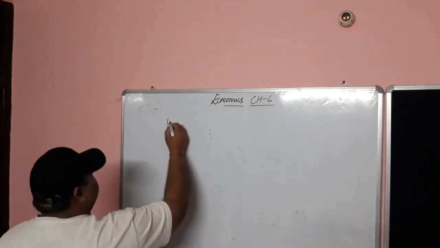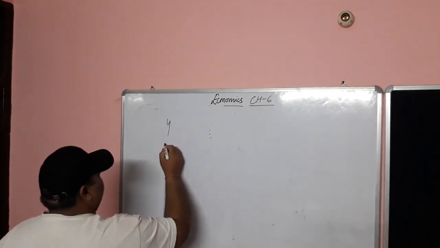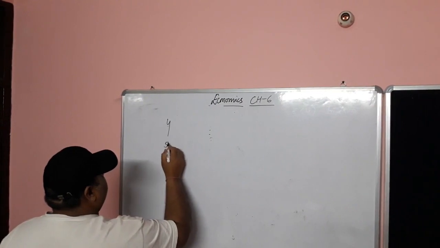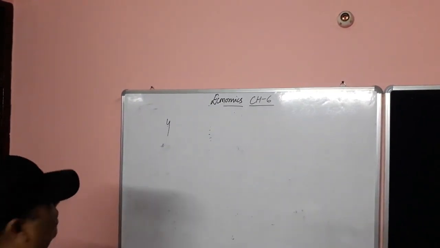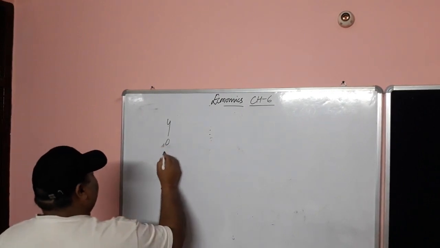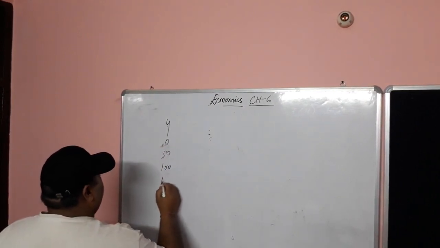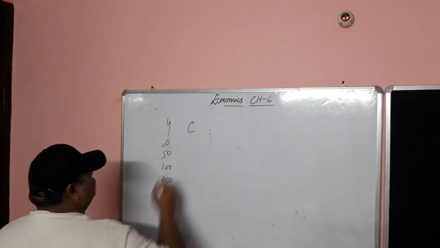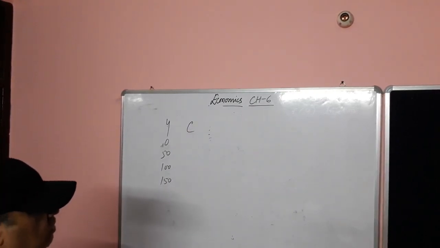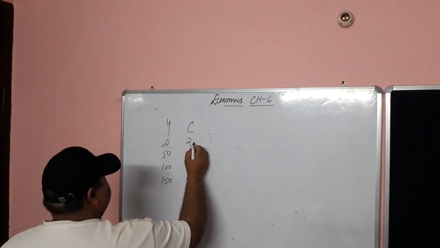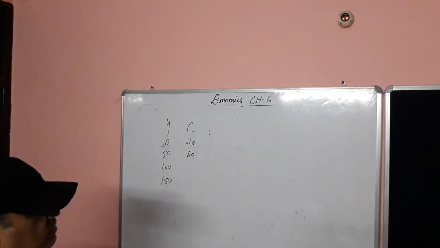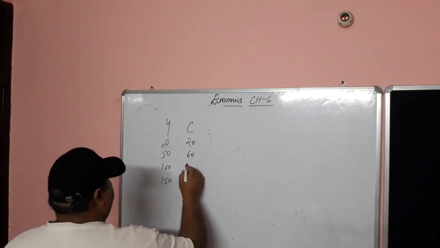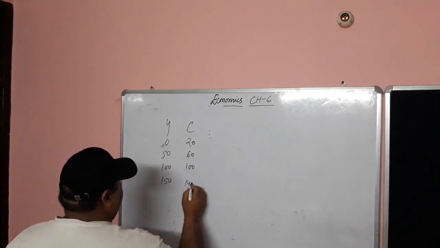Your income is given as 0, 50, 100 and 150. So how much is your consumption? When your income is 0, consumption is 20, then 60, 100 and 140.